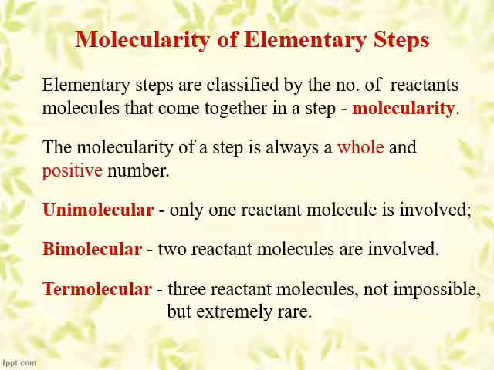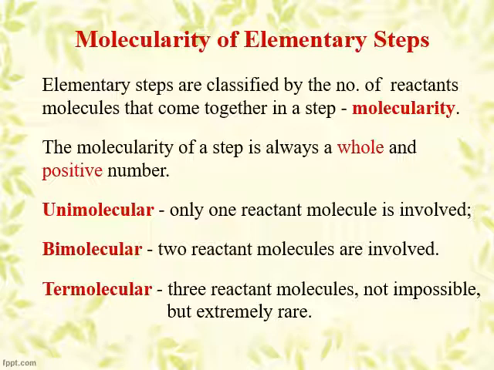Elementary steps are classified by the number of reactant molecules that come together in a step, which we call molecularity. The molecularity of a step is always a whole and positive number.